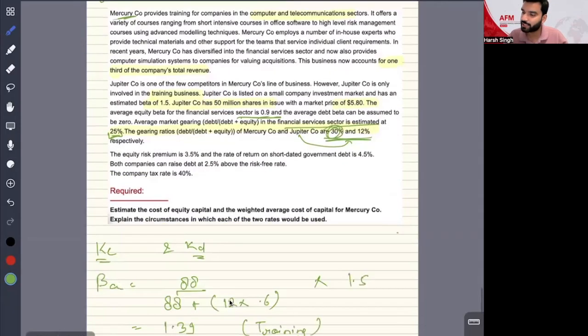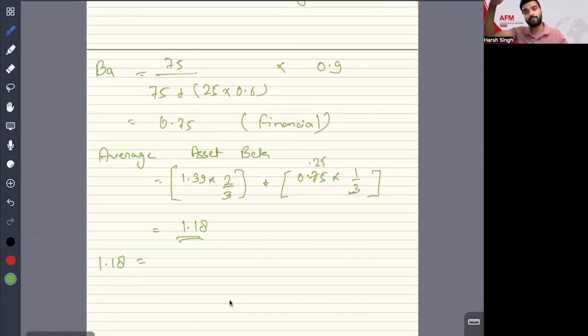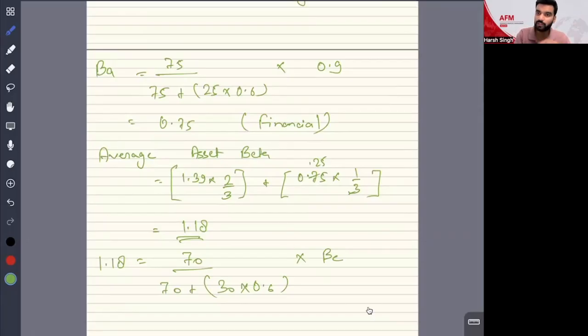So 30% debt, equity will be 70 upon 70 plus 30 into 0.6 multiplied by beta equity. This is beta equity that we are trying to calculate.